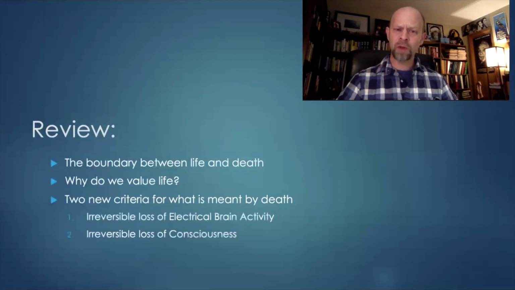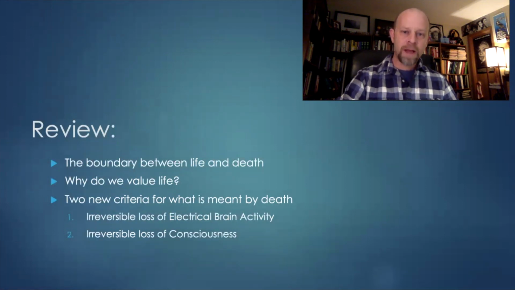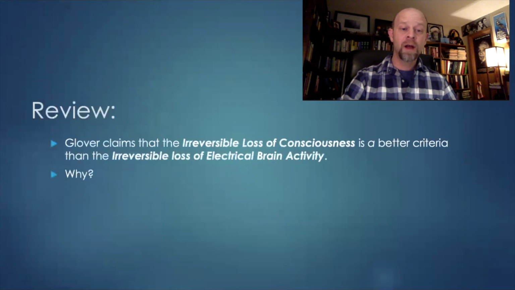Now, both of those criteria are interesting in their own right, and where we left off talking about them was, well, it looks like electrical brain activity is a necessary condition for consciousness. Given all of that, it's really important to recognize that Glover thinks that of those two criteria, the irreversible loss of consciousness actually is a better criterion than the irreversible loss of electrical brain activity.